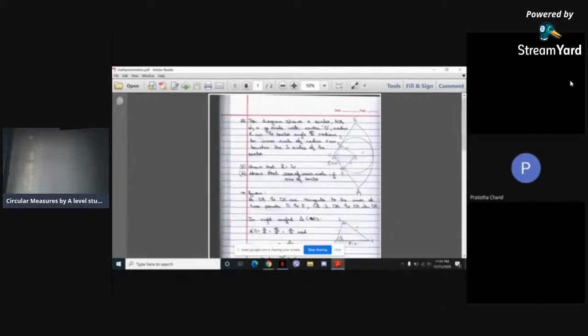As you can see, we are given sector AOB, which has the radius big R centimeter, and inside the sector AOB there is a small inner circle which has the radius small r centimeter. And as you can see, the small circle touches the sector AOB at 3 points.